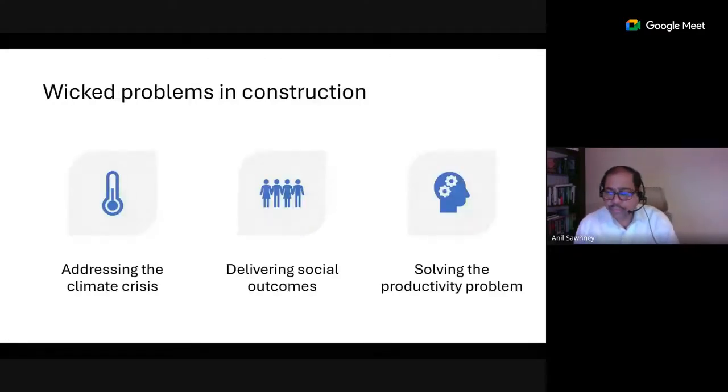So basically, we feel that sustainability is one of the key things that AI can help solve. But then there is a flip side to it also.